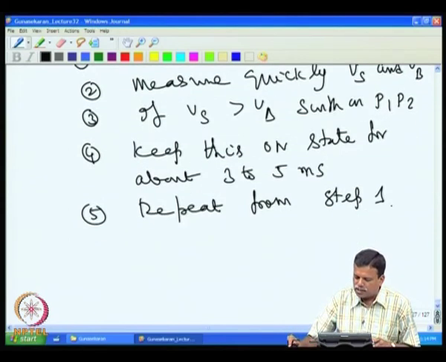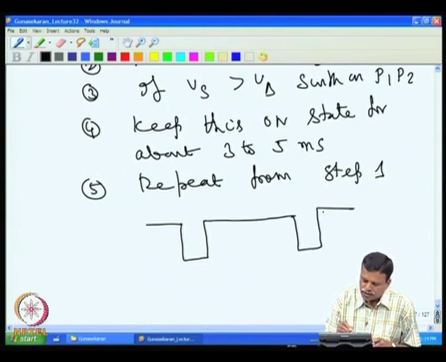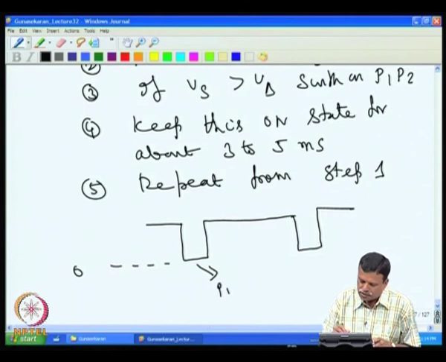So, what is normally done is that, if I show graphically, you switch off for some time, then switch on, then go like this. Here during this time P1 comma P2 are off.